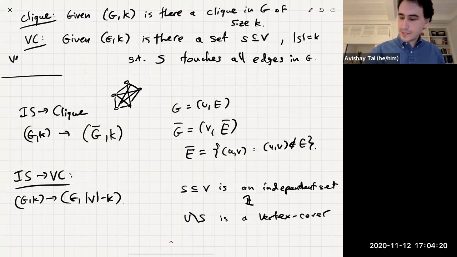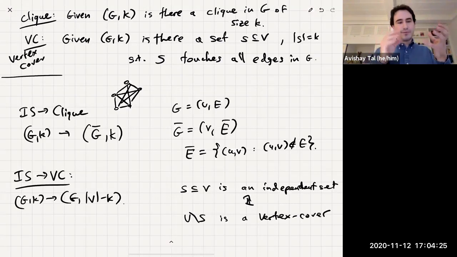By vertex cover, I mean a collection of vertices that cover all the edges. This is a simple claim that you can check for yourself, and these are basically the same problem in disguise.